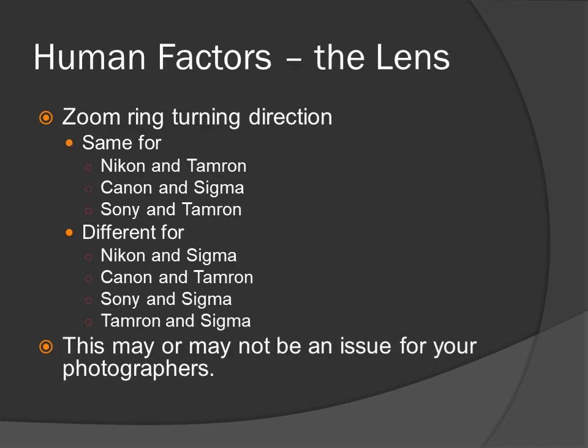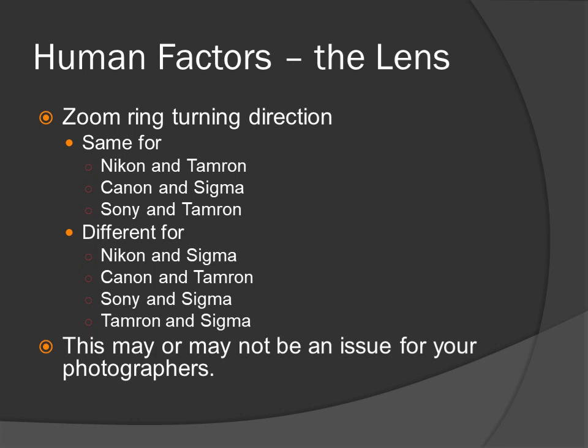Human factors, the lens. Here we're talking about the zoom ring turning direction. Which way do you turn the zoom ring? If it is the same or it is different. If you pick up a second lens and the zoom ring turns in the opposite direction, will that be a problem for you?